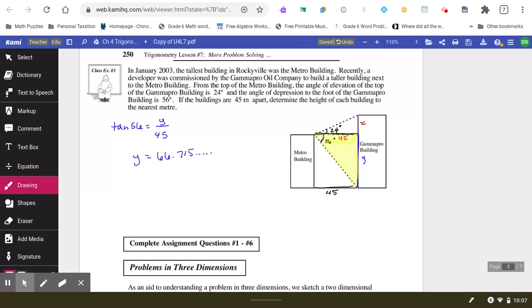Okay, now let's go find X. I need to find X. I have the 45, opposite and adjacent, tangent again. Tangent of 24 this time is equal to the opposite over the adjacent.